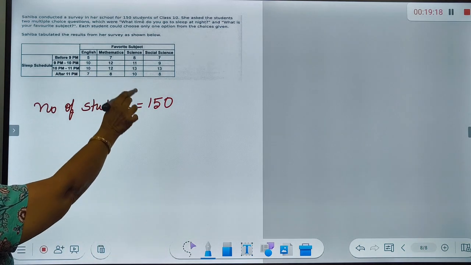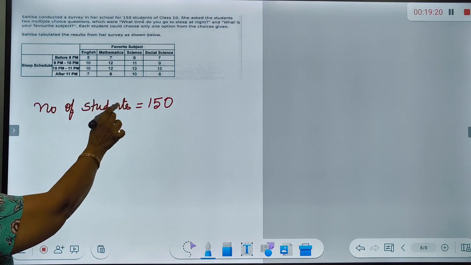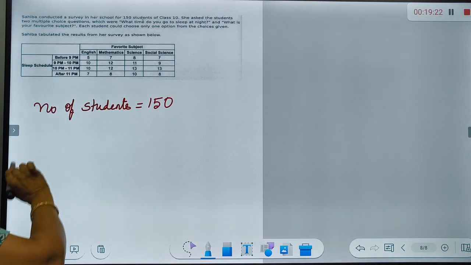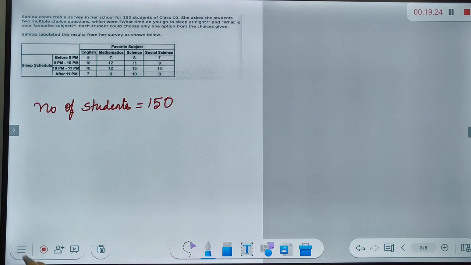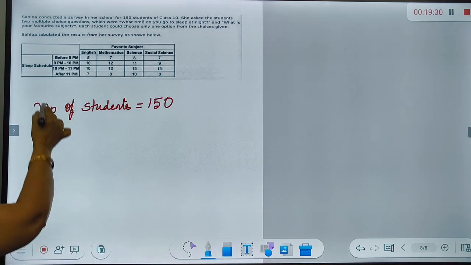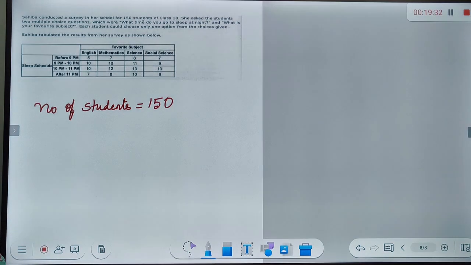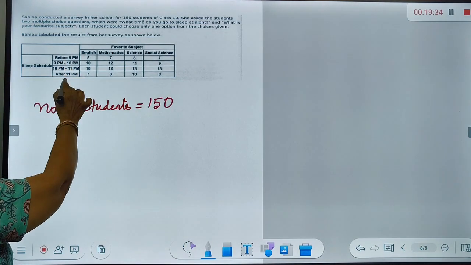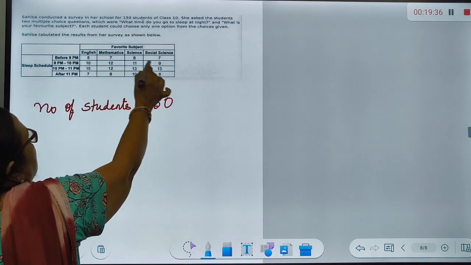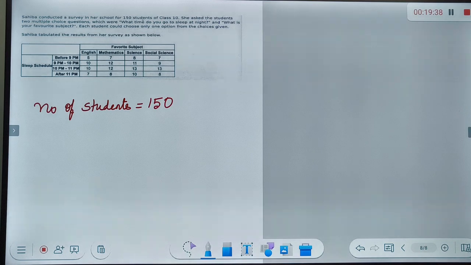So she talked to 150 people and recorded the answers. Each student could choose only one option from the choice given. So they have to choose one favorite subject and they have to talk about the sleep schedule. These are the different schedules that they were given and these are the subjects. From this they have to choose their favorite subject.